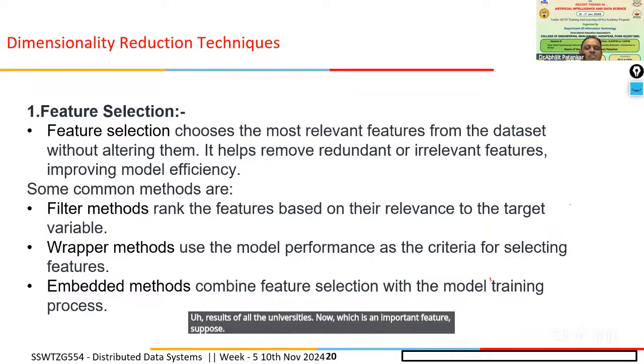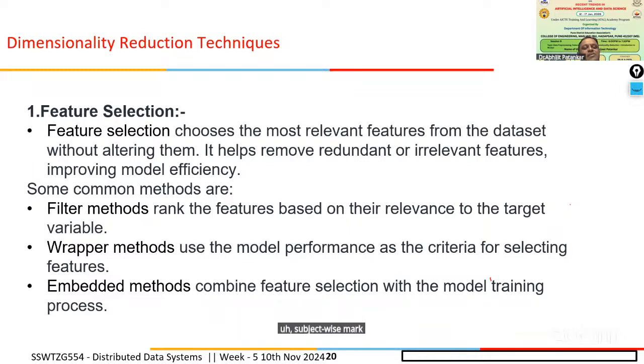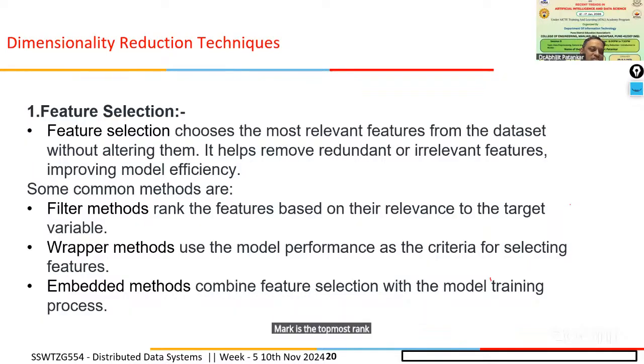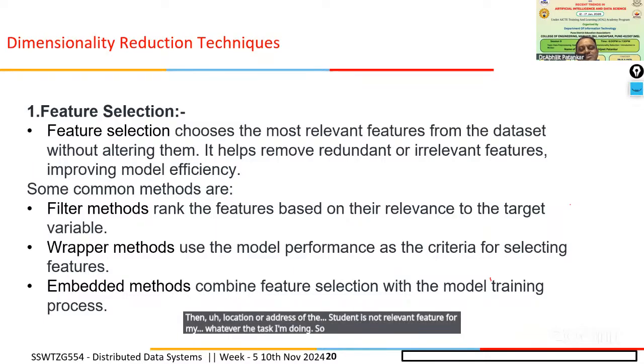Suppose subject-wise marks. The filter method ranks the features based on their relevance. So marks is the topmost rank for my feature, so I will consider it rank 1. Then location or address of the student is not a relevant feature for whatever task I am doing, so I mark that as the lowest rank.